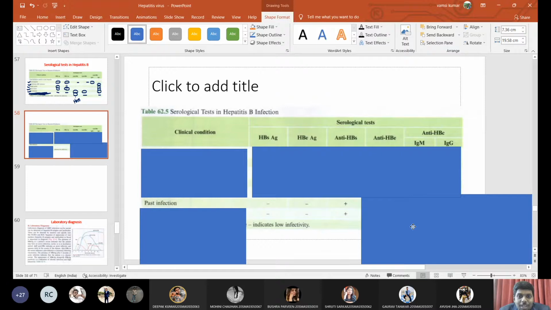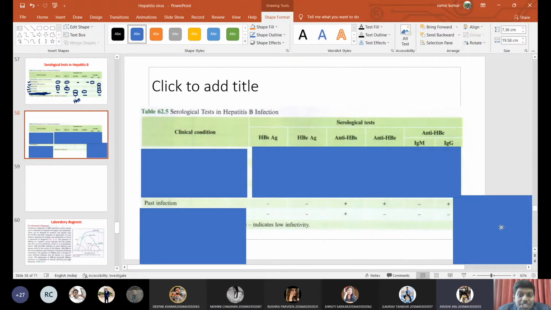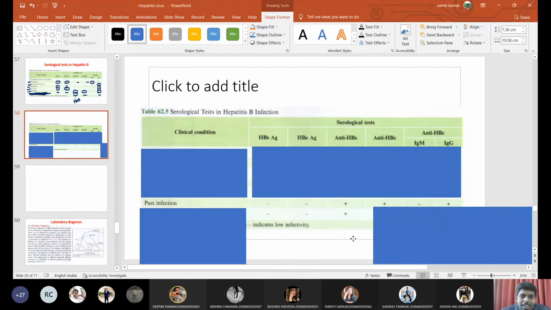And what about IgM and core antibodies? Core IgG antibody is present. IgM is not, because IgM is an early antibody that diminishes and is converted to IgG. In case of past infection, the pattern will be like this.